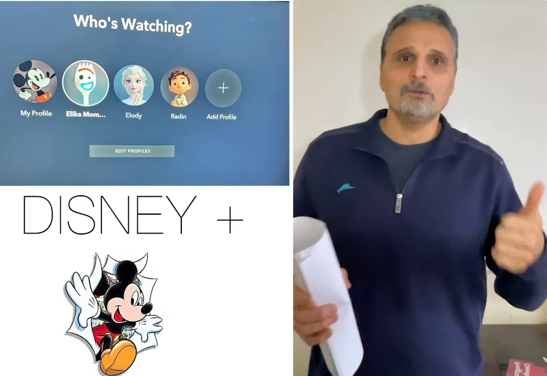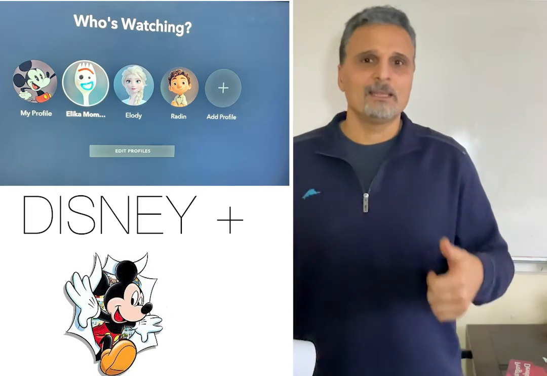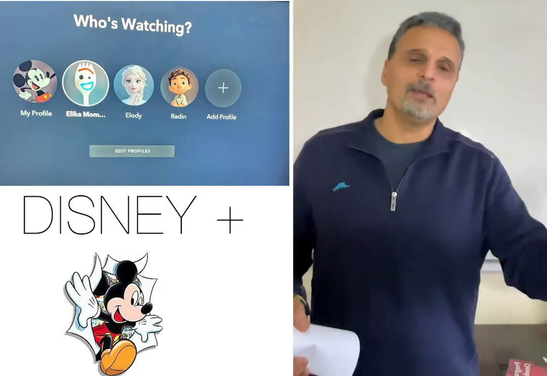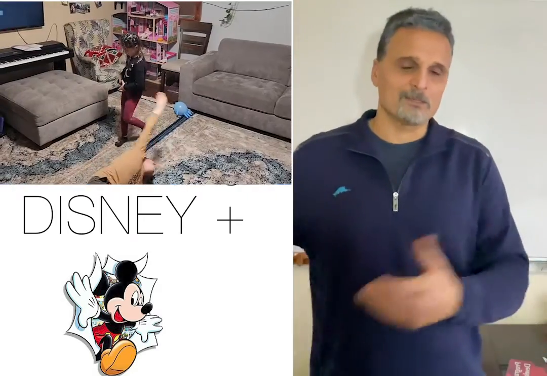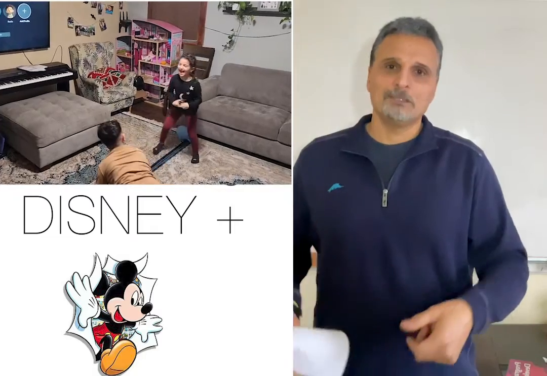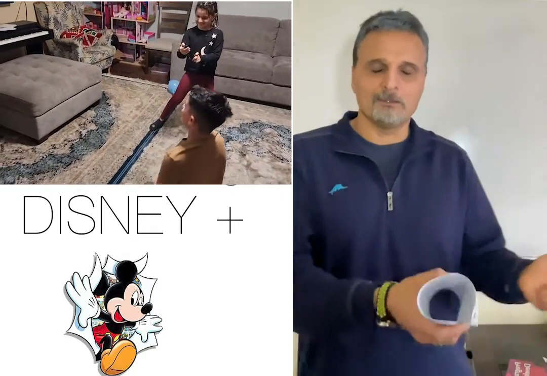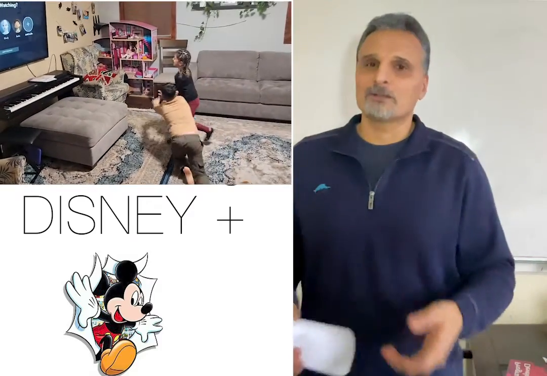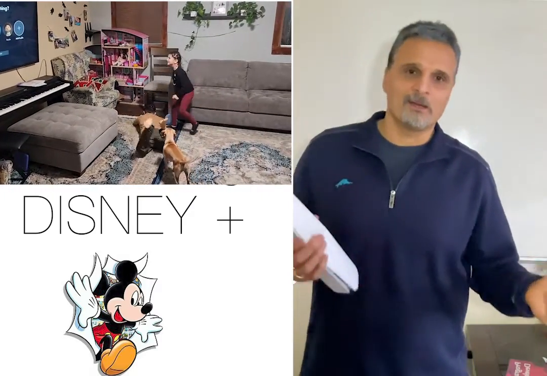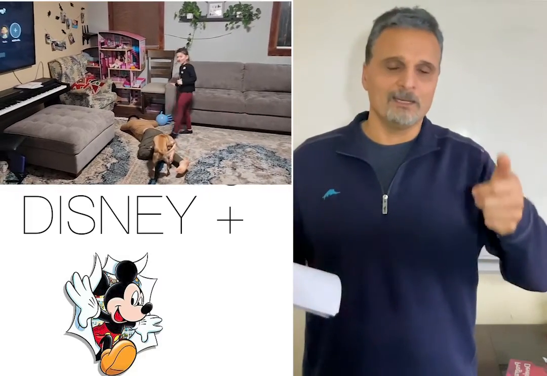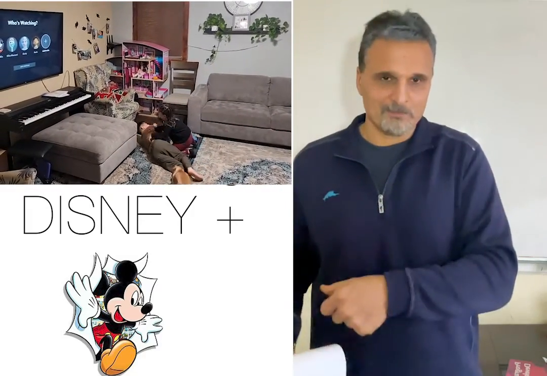So if there is a new episode of Frozen, Disney recommends Frozen 2 to Elodie's account, not to my son. And usually on the weekend when we are planning to watch a movie, there is some arguing between my son and daughter, and they are trying to select their own profile, not the others.